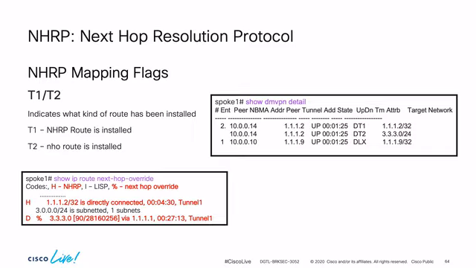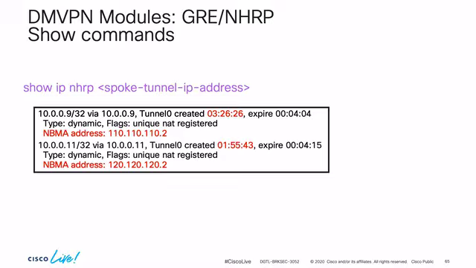Now that we've actually gone through all of the mandatory configuration, and we've understood the packet flow as far as the NHRP process and what happens with GRE, let's take a look at some of the show commands which are available for us.